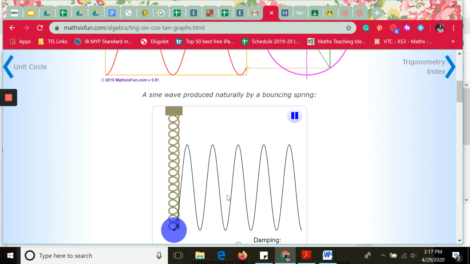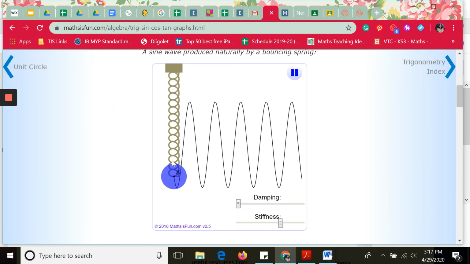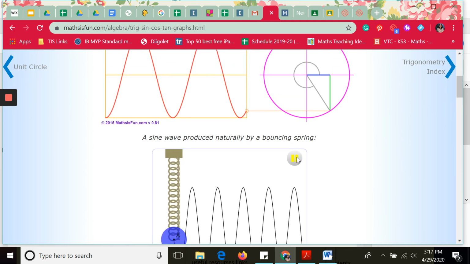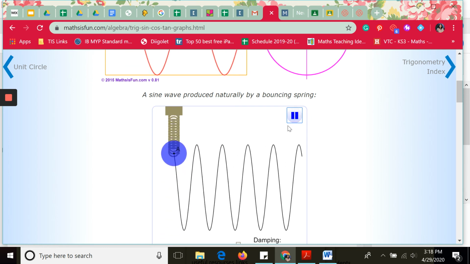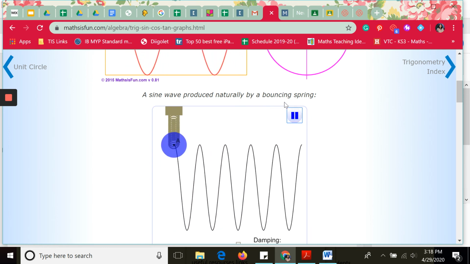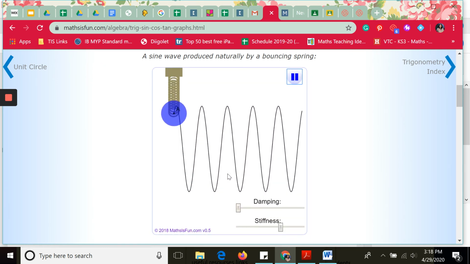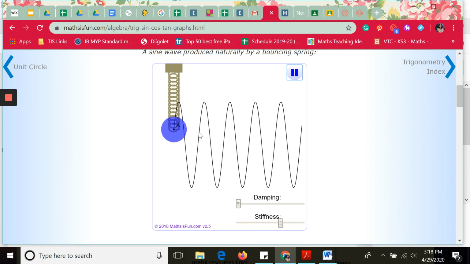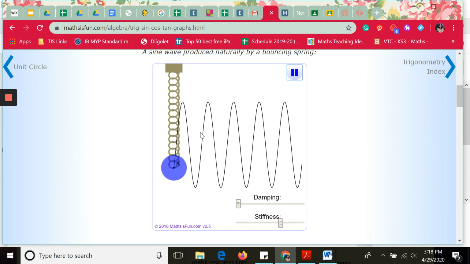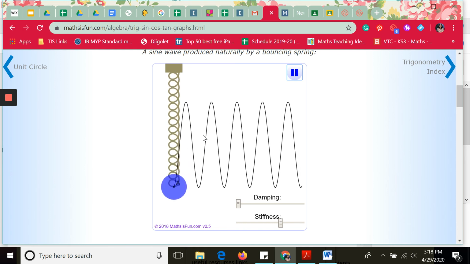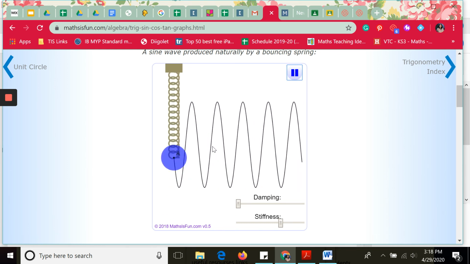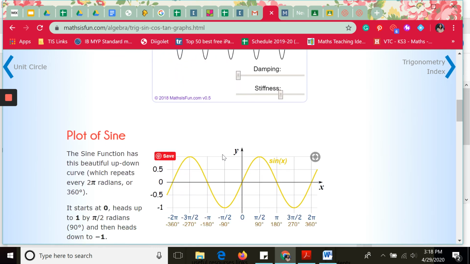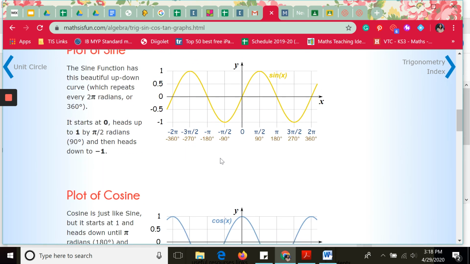Another example of sine is here: a sine wave produced naturally by a bouncing spring, which I found fascinating. You might also come across this kind of shape with a pendulum in physics. Sound waves are an example of this too. I found that very interesting.